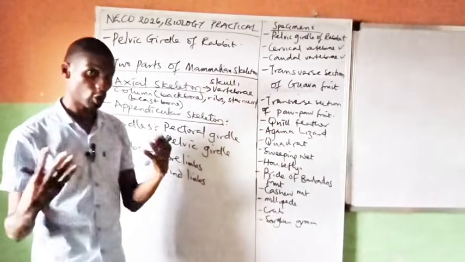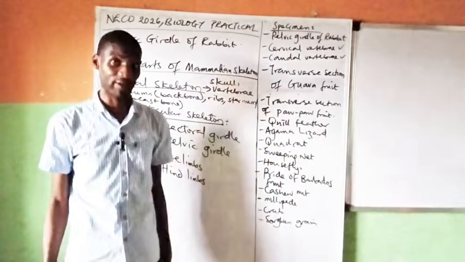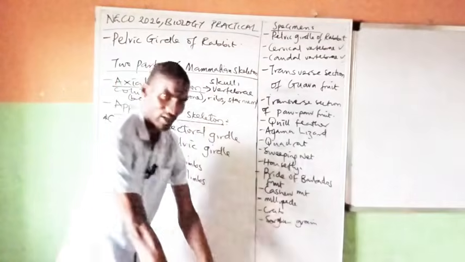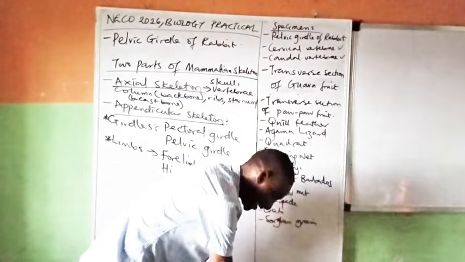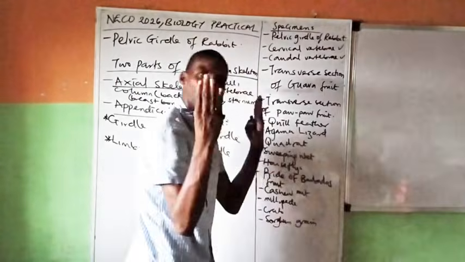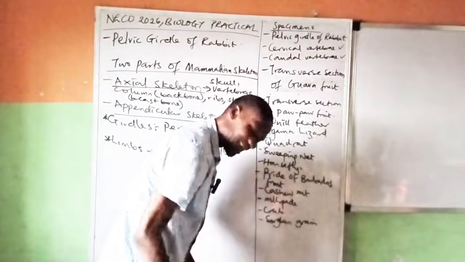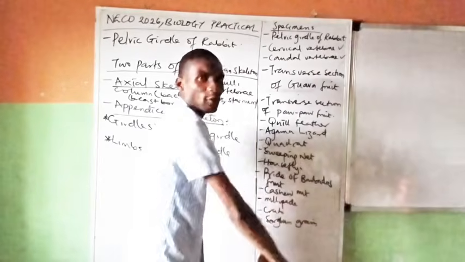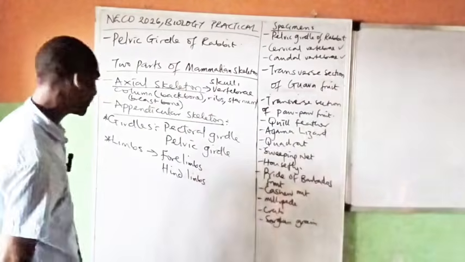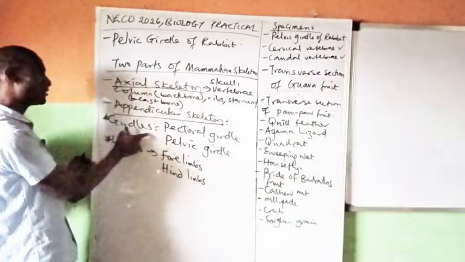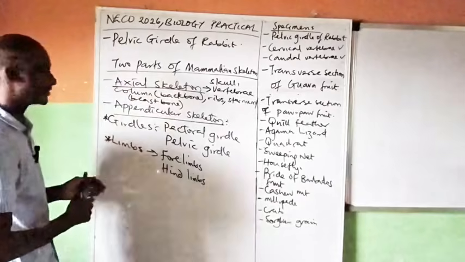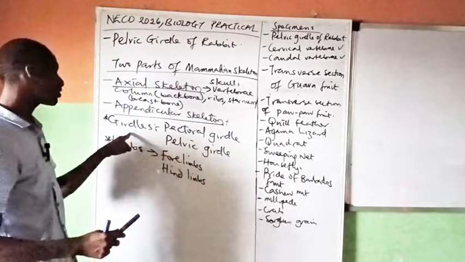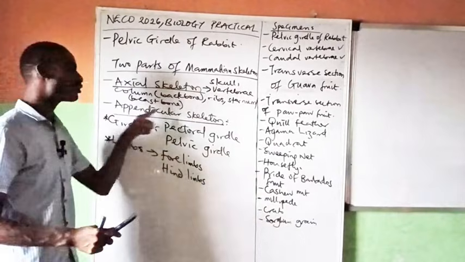For humans, because you are standing erect, Homo erectus, your hands are not on the ground. But if you look at rabbits, they are bent, so their forelimbs are on the ground, and their hind limbs are also on the ground. The one in the front is the forelimbs, the one at the back is the hind limb. So the limbs and the girdles make up the appendicular skeleton. Therefore, this pelvic girdle makes up part of the appendicular skeleton.